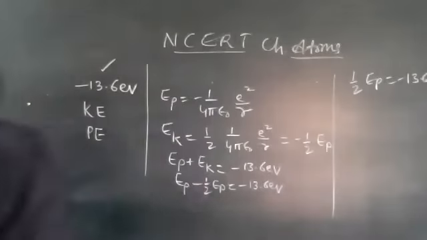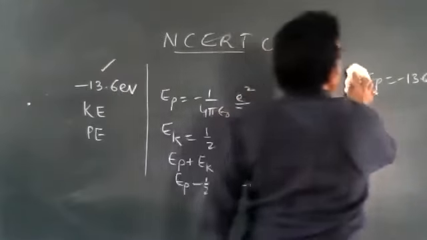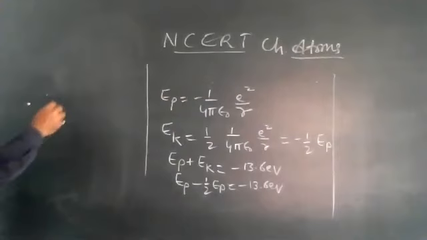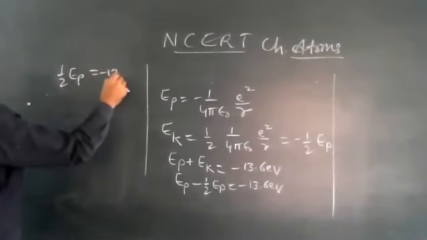We can write here 1 by 2 of EP comes out to be minus 13.6 electron volt.